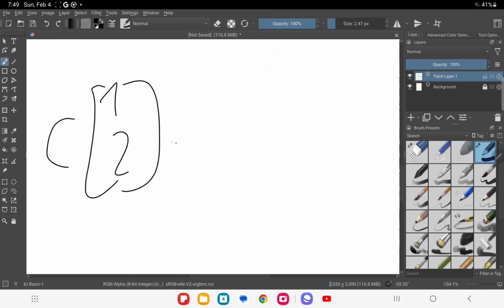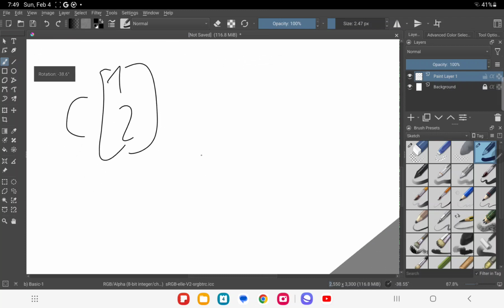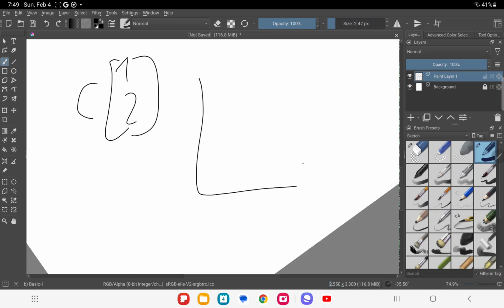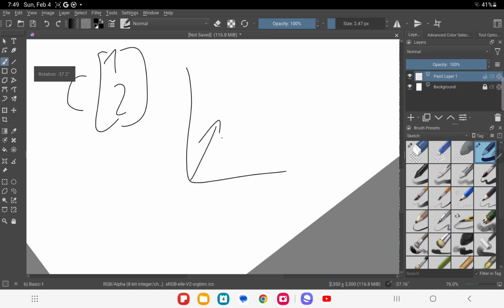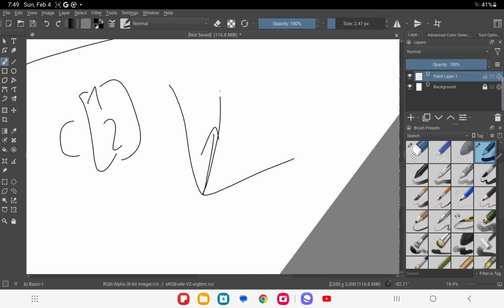This lies along a line. What that means is that for all values of c, it's always going to lie on this line right here. It cannot go outside because you can't exactly do that with just 1 2.